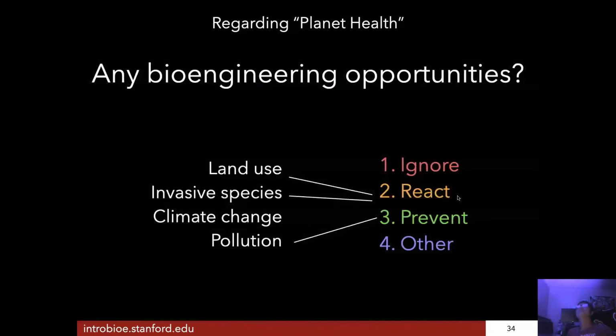So just to zoom out and summarize, we've introduced the idea of planet health. We've framed some initial puzzles around whether there are things bioengineers could do related to changes in land use, to species in places where they aren't historically found, to climate change and its impact on the environment, like coral bleaching, and to pollution.